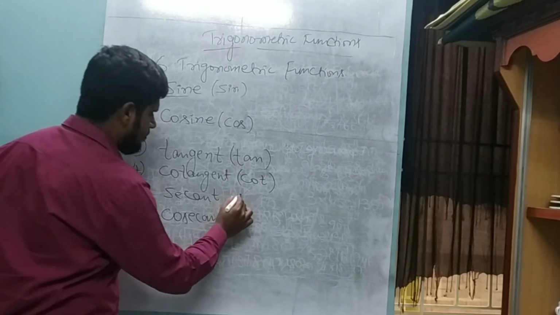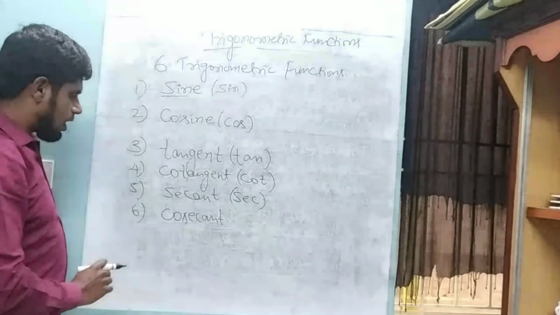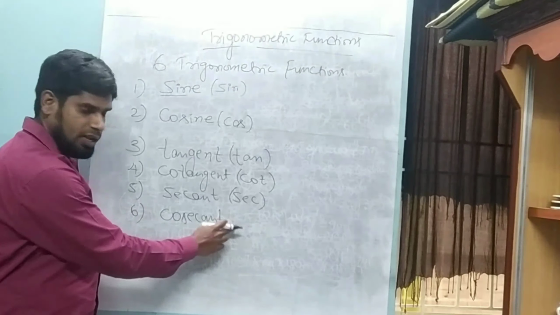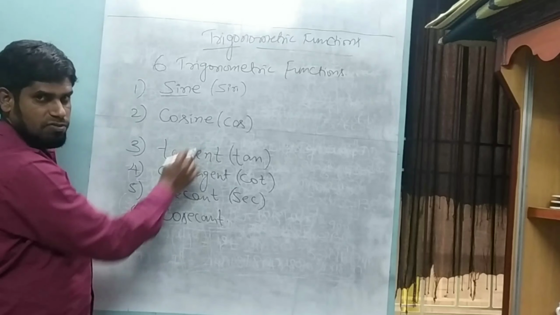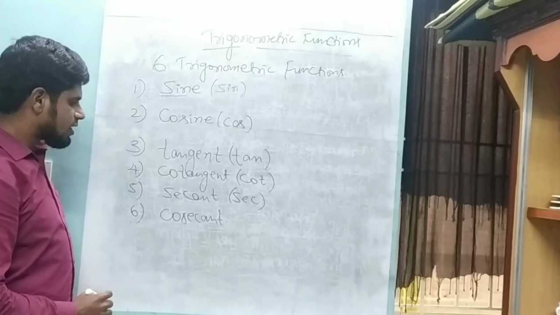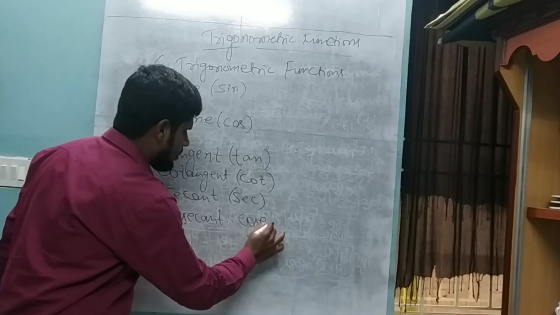And secant, sec. And here students, in the last one, cosecant, if I take 3 alphabets, it will be repeated as cos. You will get confused here. So to avoid confusion, you will take the first 5 alphabets here, that is cosec.